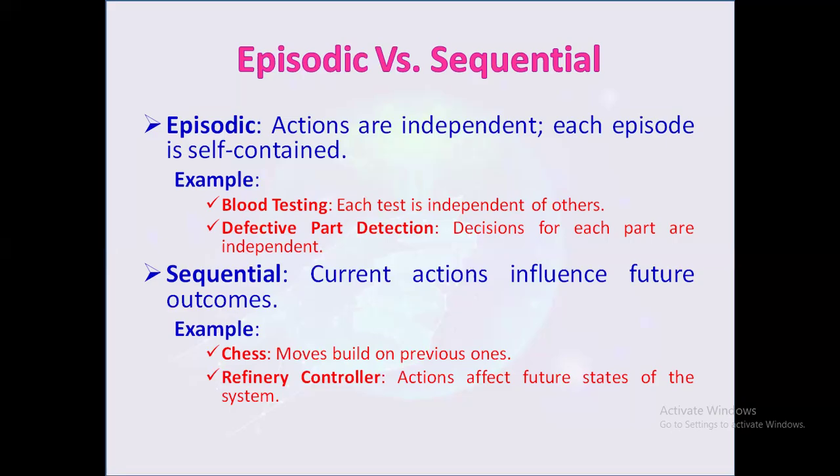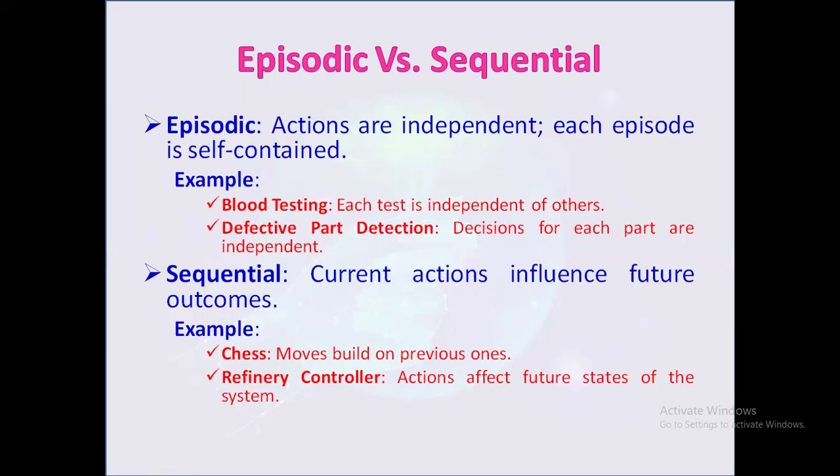The agent must consider both the immediate and the long-term effects of each move. Another example is the refinery controller. In a refinery, the actions taken by the system at one point, such as adjusting temperature or pressure, affect the future states of the system.